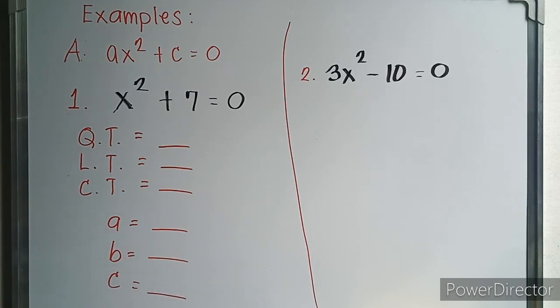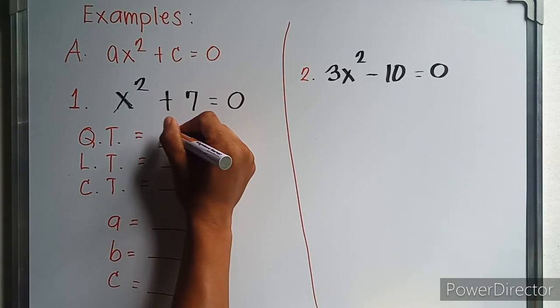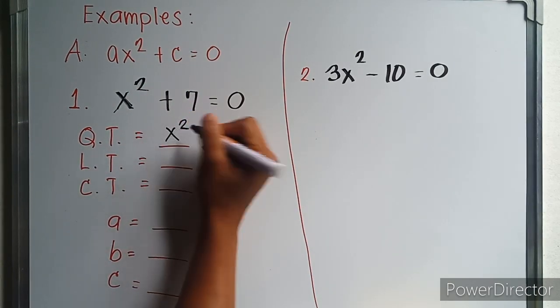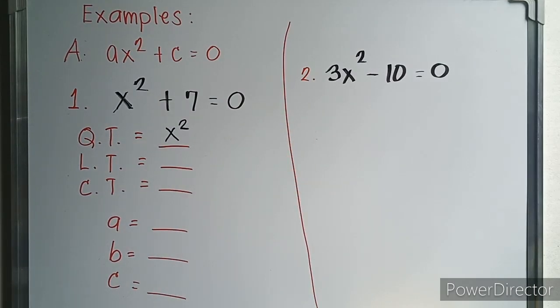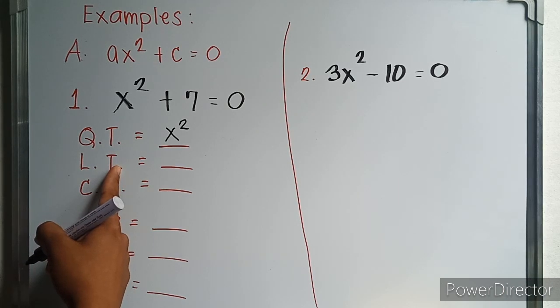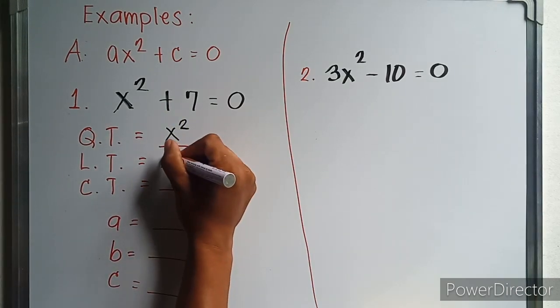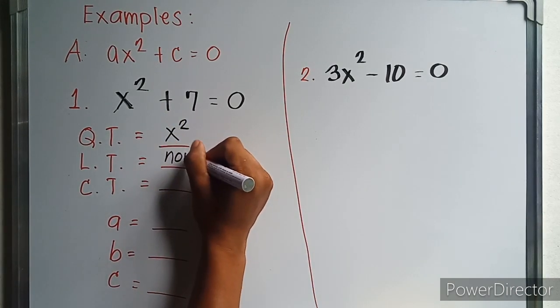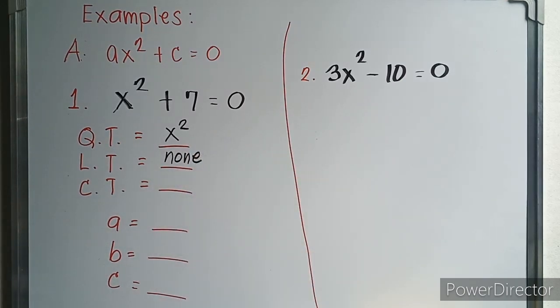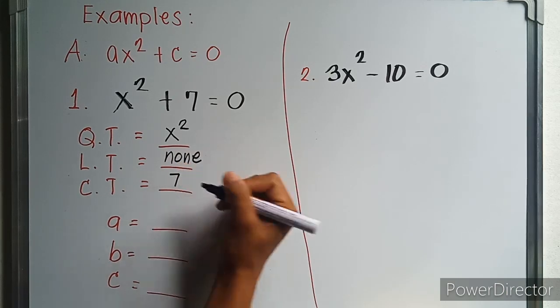So for the first one, x squared plus 7 is equal to 0. x squared here is our quadratic term. Now, do we have a linear term here? From our quadratic equation, the linear term is bx. Since we don't have bx, we don't have a linear term, so we are going to write none. Then for our constant term, we have 7.